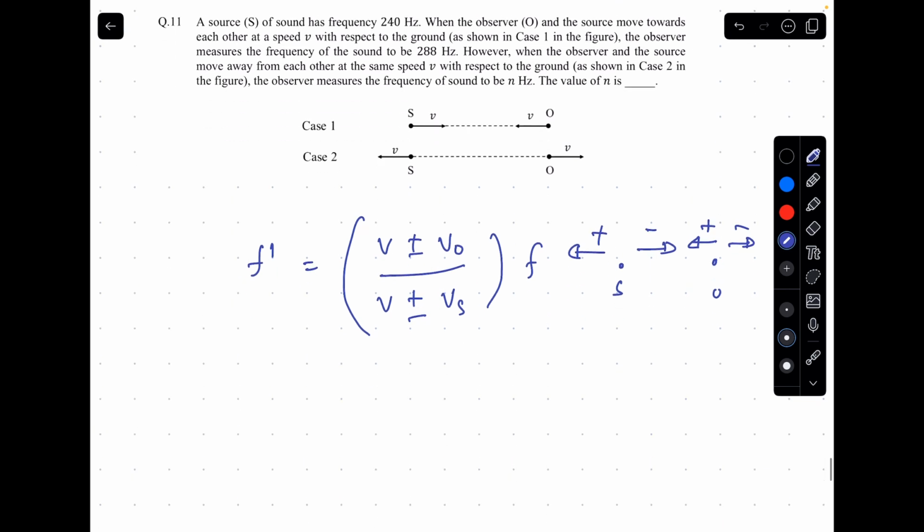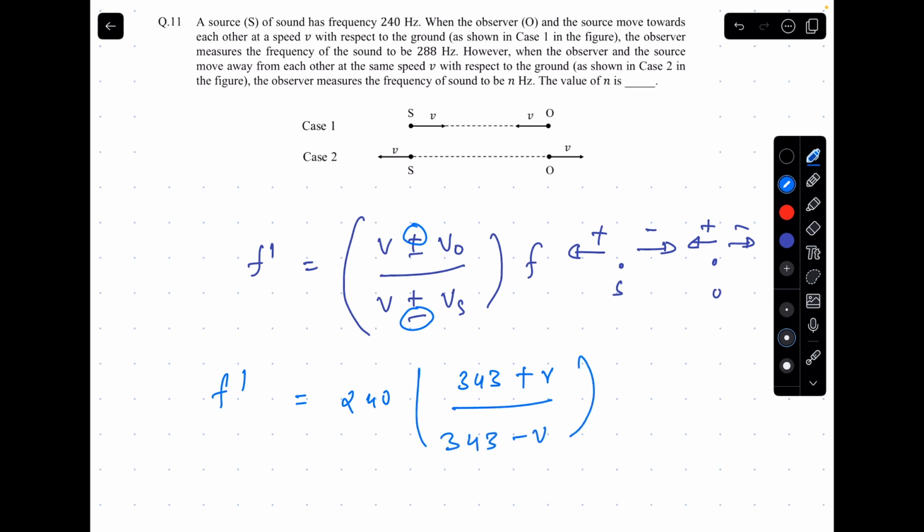Now in the first case, this sign will be negative and this sign will be positive. So F dash is 240 multiplied by (343, which is the velocity in the air, plus V) divided by (343 minus V), where 240 is the original frequency.